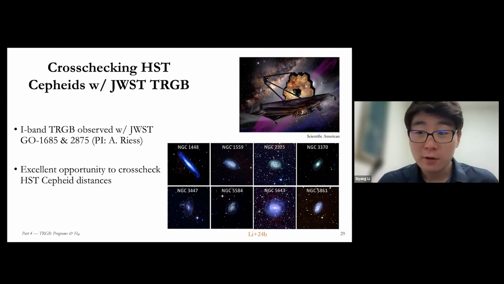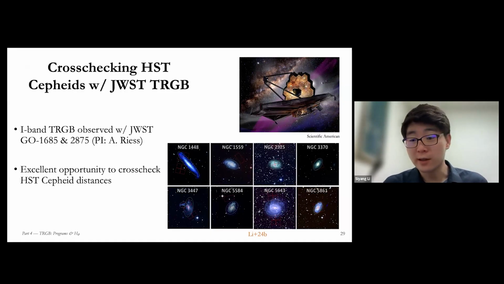Now, of course, there's another great opportunity to take advantage of the James Webb Space Telescope, so the launch of the JWST. I wanted to talk about some recent efforts by the SHOES team to also use JWST observations of the TRGB to measure the Hubble constant.